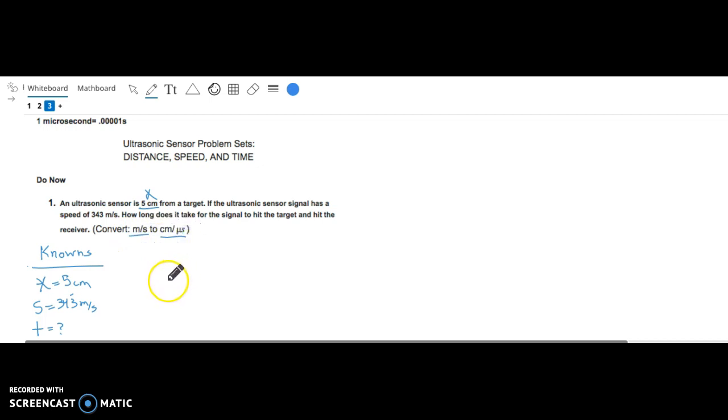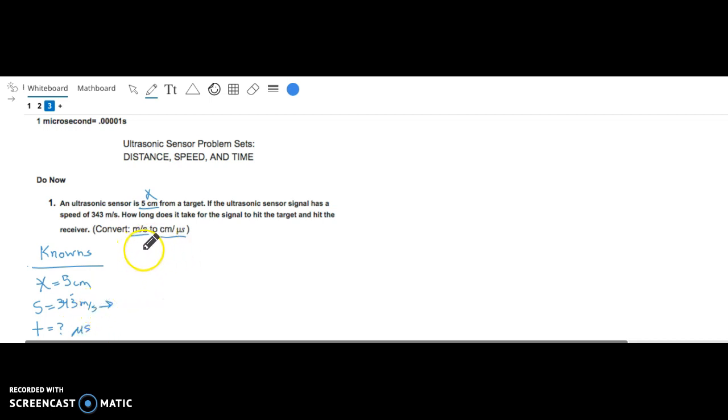All right, so you want to ask yourself, why are you changing these units? Well, you're dealing with an ultrasonic sensor. An ultrasonic sensor shoots sound waves faster than a second. It shoots it faster, around a microsecond. So everything that you see here for the speed, we need to change from meters per second to centimeters per microsecond, so we can get our time in microseconds.